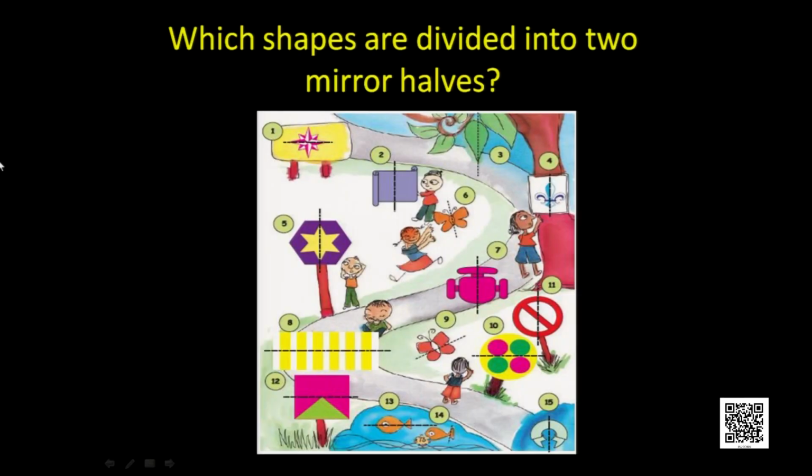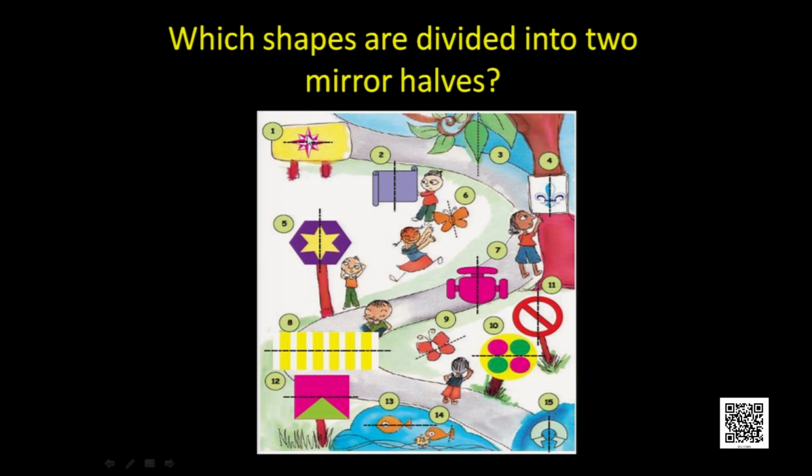Let us move to another slide. Now, which shapes are divided into two mirror halves? Now you see picture 1. Here this is the star. Here you see the dotted line. The upper part, when I fold it along this line, and the bottom part, you see it will cover this part.